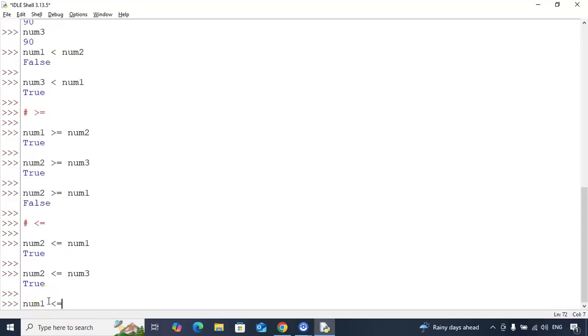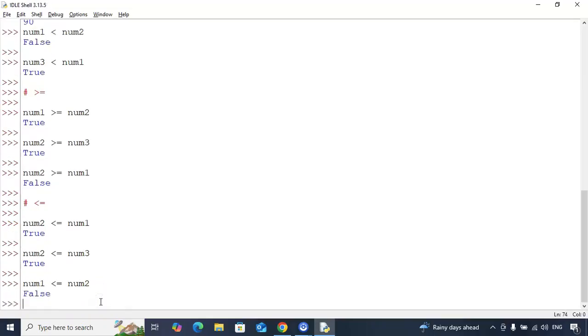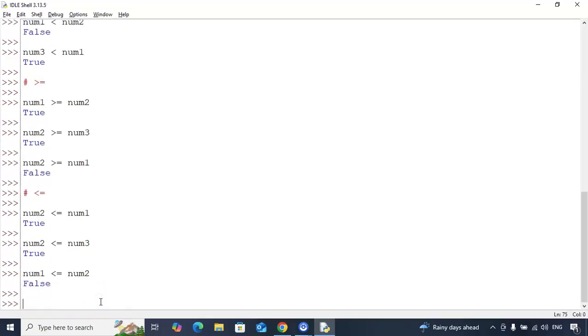Num1 value is 100 and num2 value is 90. So we are checking num1 less than or equal to num2. In this case, no, because num1 value is 100 and num2 value is 90. So this becomes false. It's neither less than nor equal to num2. So we get a false.